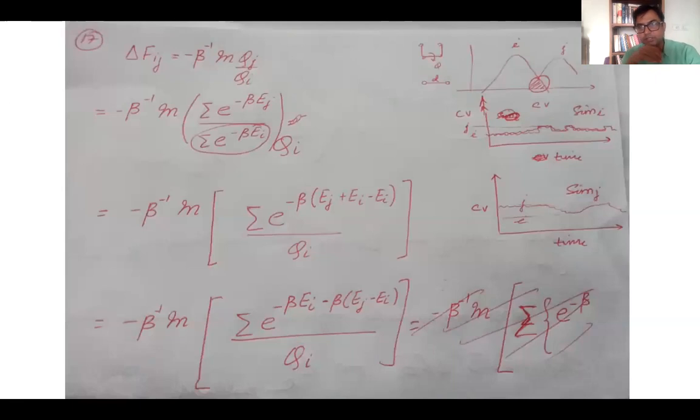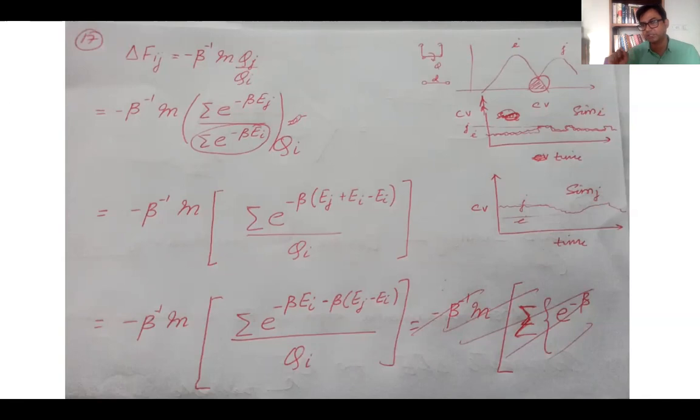But let's first go through the formal derivation of this. So you write delta Fij is equal to this term, and then I will not do any operation on the Qi. The Qi is my reference state. Remember, you are only simulating the ith state. You're not simulating a J state.